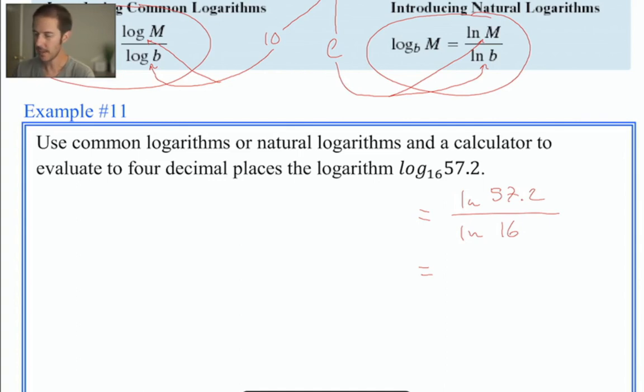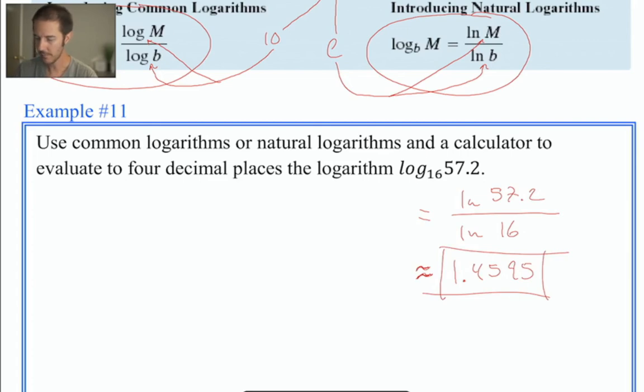And then I hit divided by, then the ln button again for natural log, 16, close parentheses, enter, and I got 1.4595 rounded. 1.4595. And we could put a squiggly equal sign there to indicate that this is an approximation.